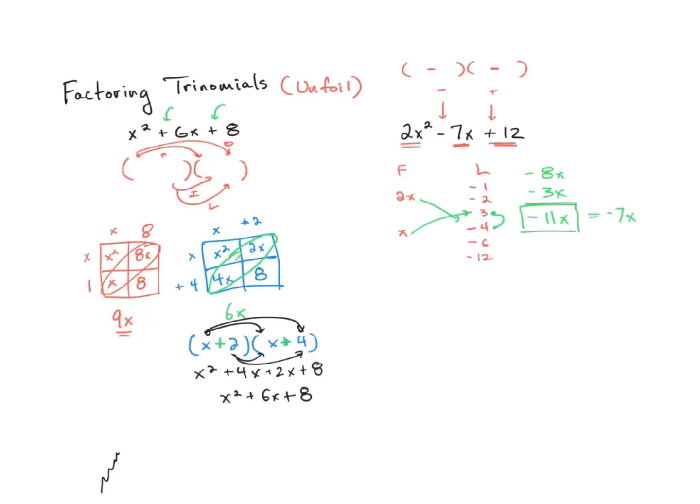Well, what if I tried the 2x and the negative 3 to give me a negative 6x? And what if I did the x times the negative 4, this should have been a negative 4x.